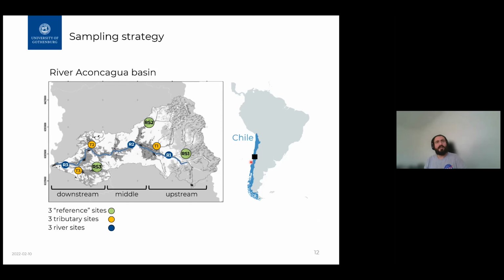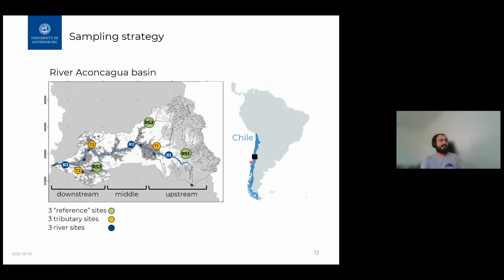So it's a really, really high competition for water there. And of course, we are interested to see how metals and organic chemicals may influence the diversity of microbial communities, in particular in this river basin.